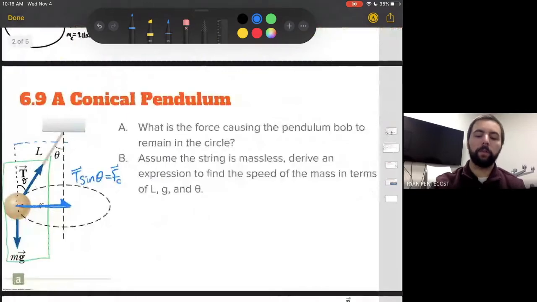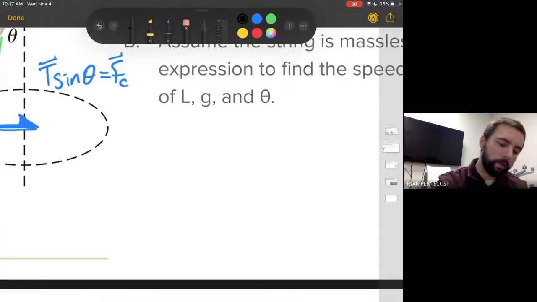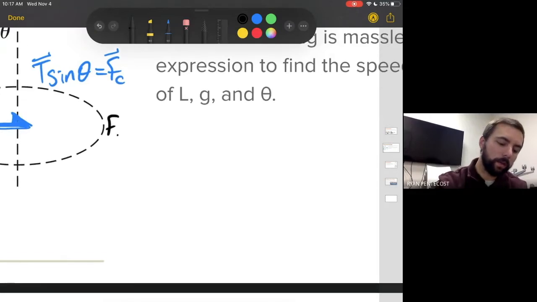Now, if we assume the string is massless, we want to derive an expression to find the speed of this mass in terms of L, g, and theta. So we can start by writing down what we know. Let's zoom down here. We've got Fc equals T sine theta.